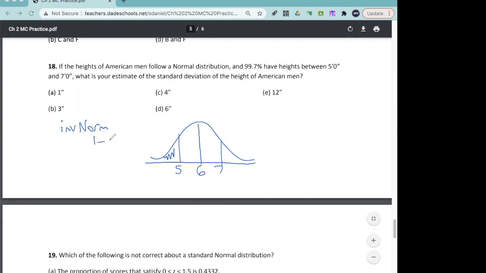So you do 1 minus 99.7, and then divide that by 2 to get what this 5 would be. And that would give you a z. And just like before, you'd say that z equals 5 minus 6 over the standard deviation, and you could use a calculator, or you could do algebra and solve that.